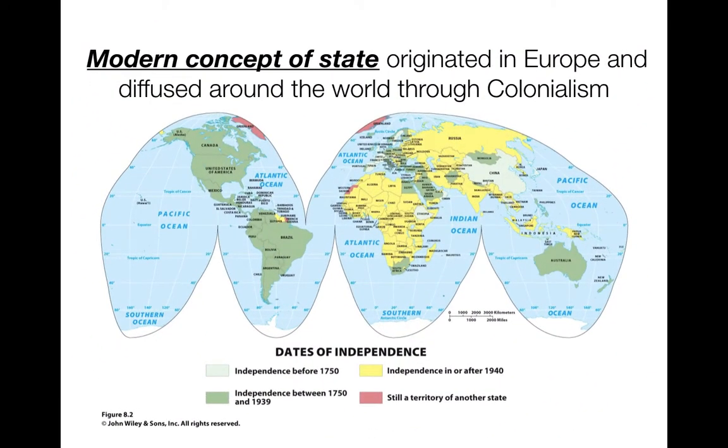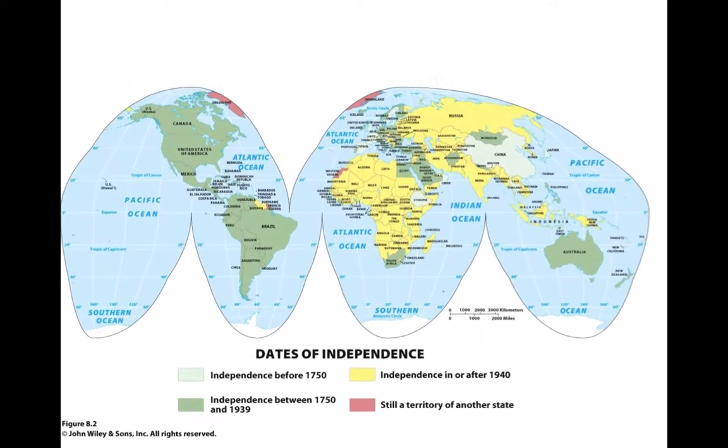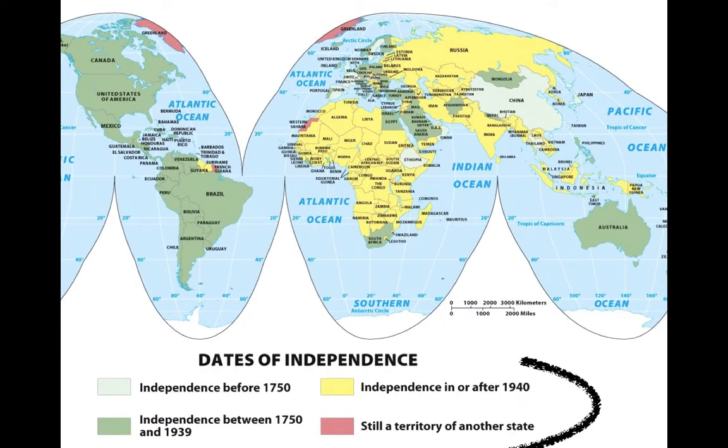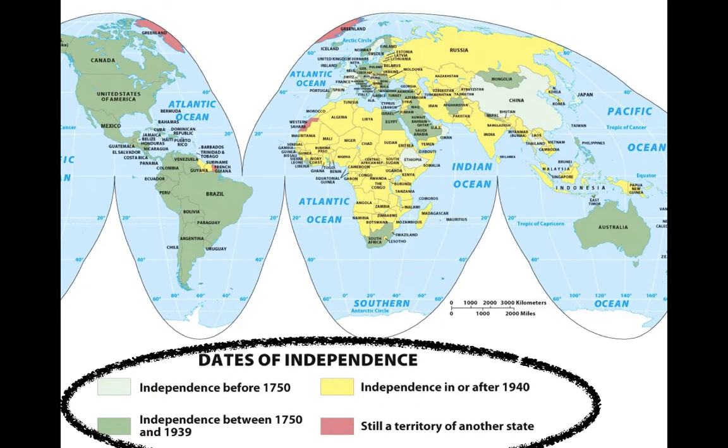The modern concept of a state really originates in Europe around the 1600s with the Peace of Westphalia, and eventually it diffuses all around the world through colonialism. Here on this map, we can see the different dates of independence and the trends for states in the world.